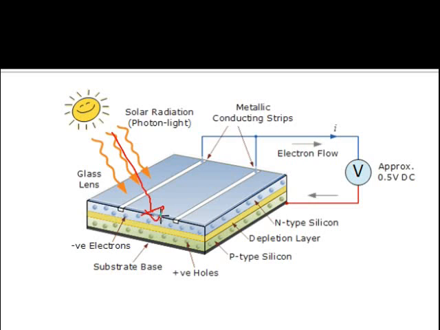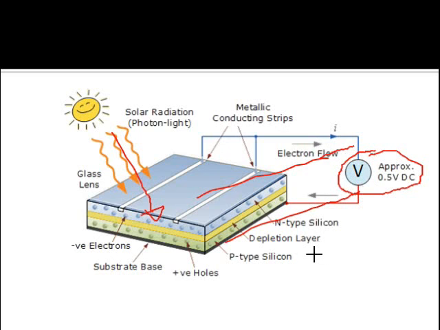Because of the energy of the photon which is available, the electrons start flowing through the junction, and this flow of electrons and holes will create an electromotive force or voltage between this top layer and this bottom layer. When these two are connected to an external circuit, we will get electricity.